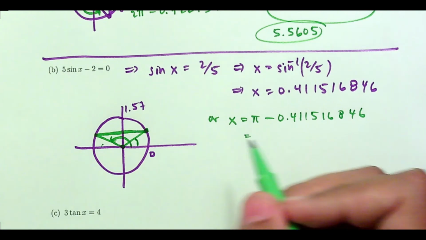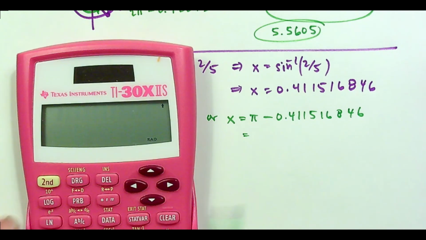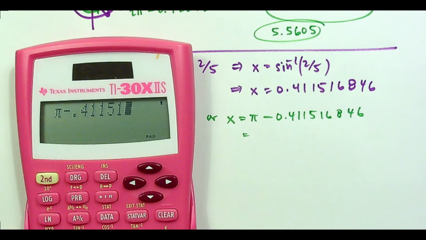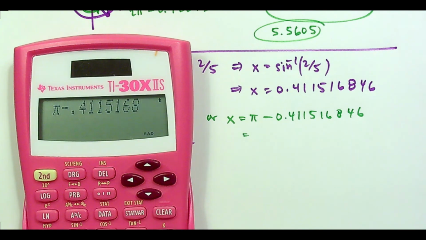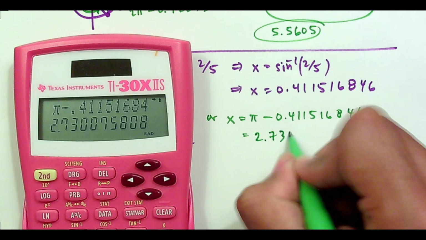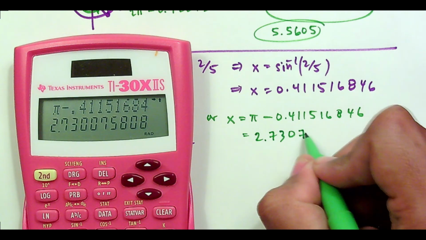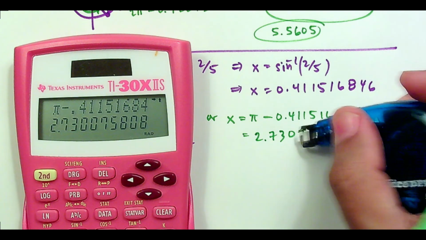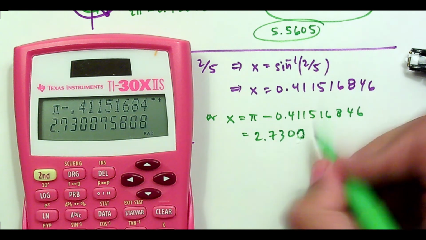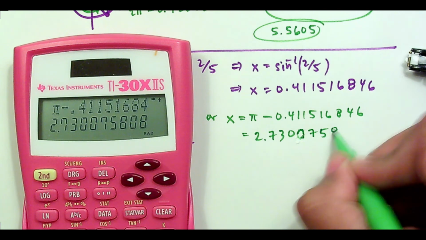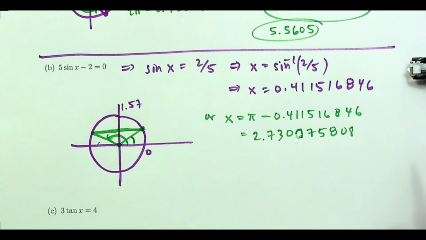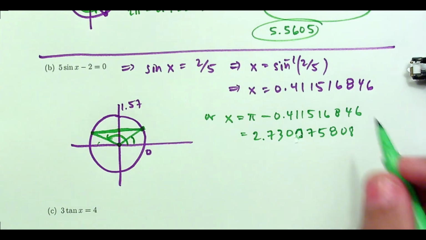Okay, what is this though? Let's put this in the calculator. Pi minus 0.411516846 is 2.73000758... Now that we're done, now we can round.